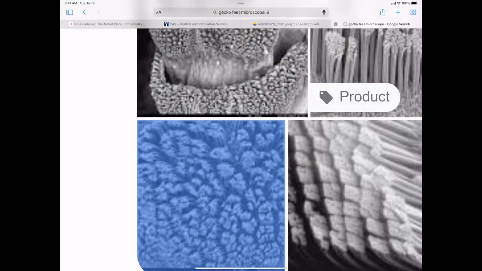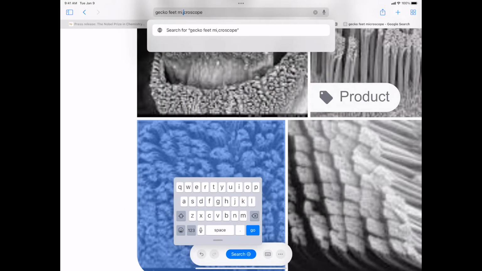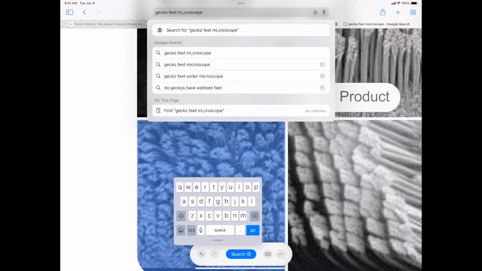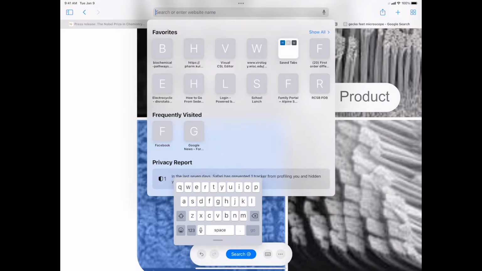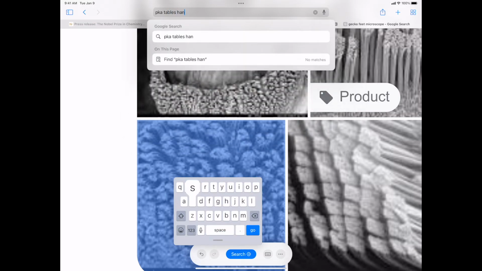But it's an incredible table that you can go to and find pKa's of just about anything that's known, along with references. So let me, of course I can't, pKa tables, Hans Reich.